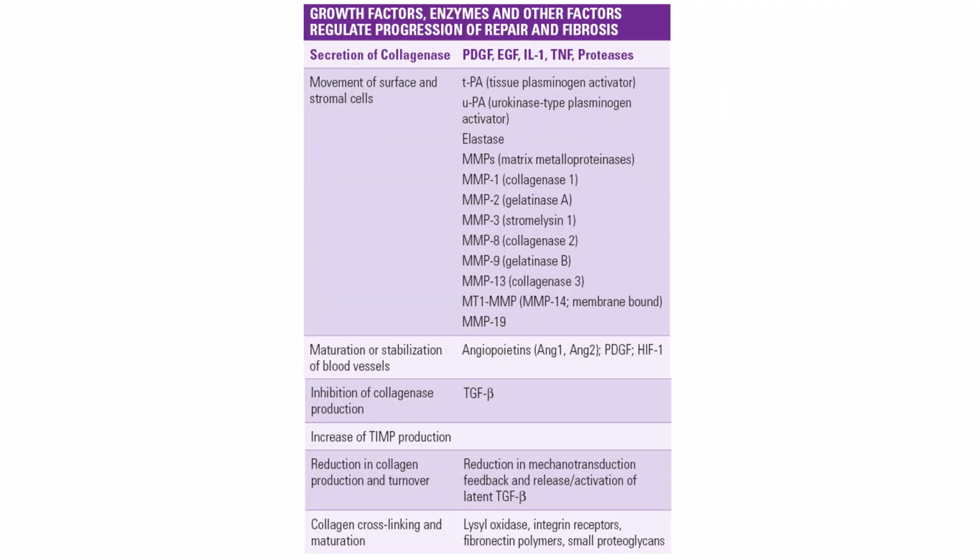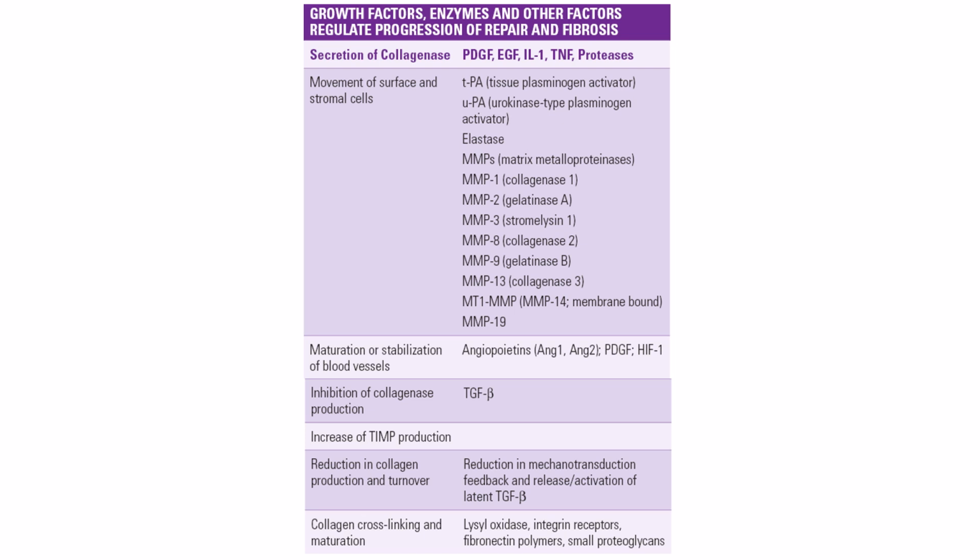This table, growth factors, enzyme and other factors regulate progression of repair and fibrosis. It is providing an in-depth summary of the key growth factors, enzyme, and regulatory elements that are involved in wound healing and fibrosis, along with their effect at different stages.